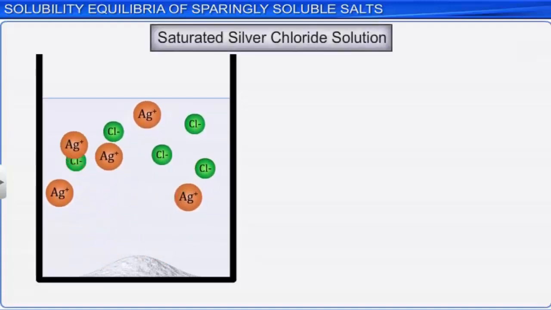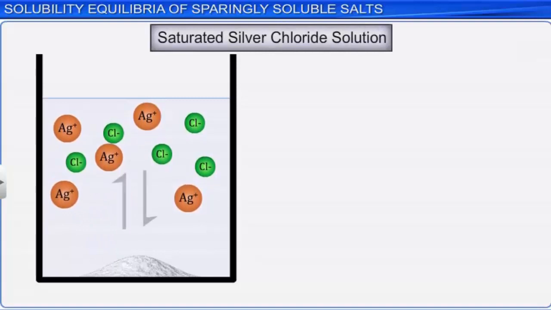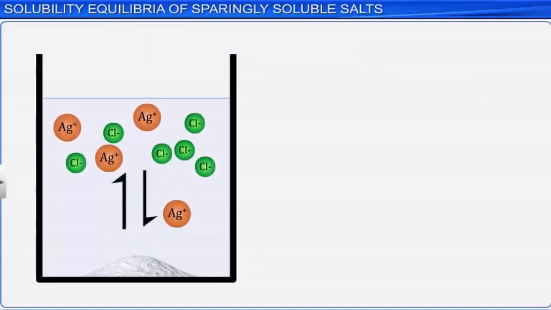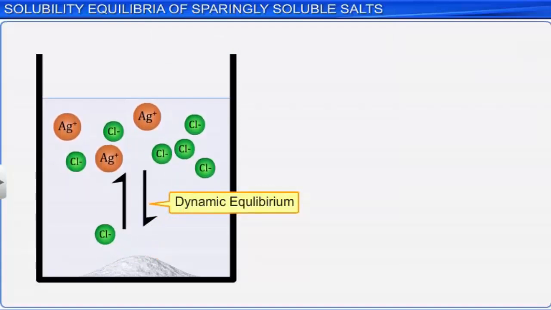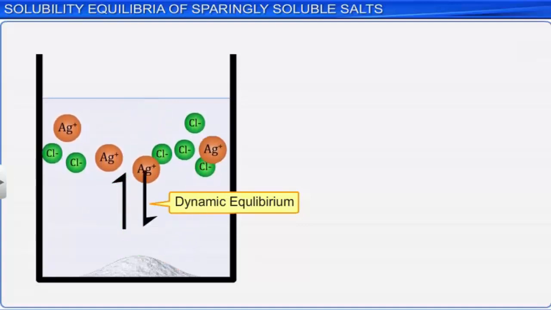That is, a saturated solution of silver chloride is said to be formed. Thus, a dynamic equilibrium is set up between the undissolved solid and the ions in the saturated solution, which can be represented by the equation as shown here.